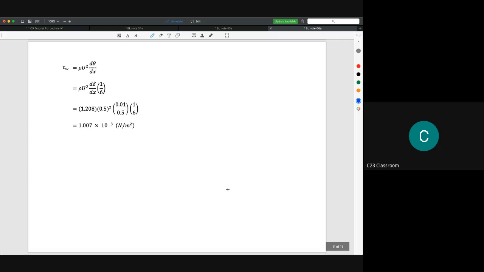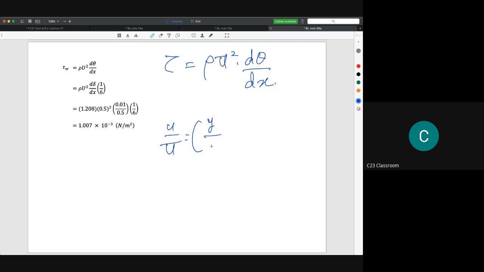Okay, so we know that tau can be calculated by using the idea of rho U squared d theta dx. And we know that u over U is given as y over delta to the power of 1 over 2. So what we need to do first is calculate the value of theta.